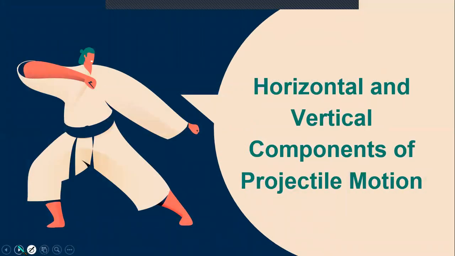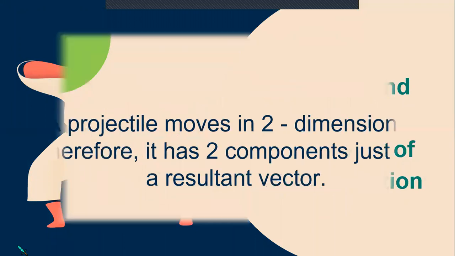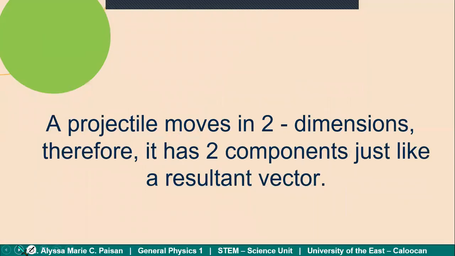Okay? Now let's proceed with the horizontal and vertical components of projectile motion. A projectile moves in two dimensions. Therefore, it has a component just like a resultant vector. Katulad nga ng sinasabi ko, dahil curved yung path niya, let's say sa position, that's displacement.